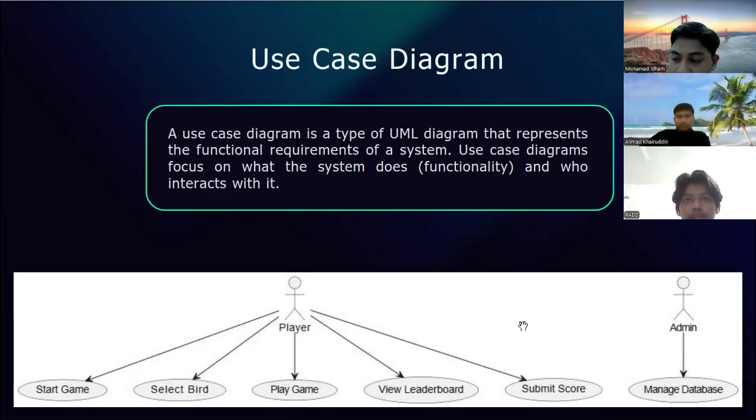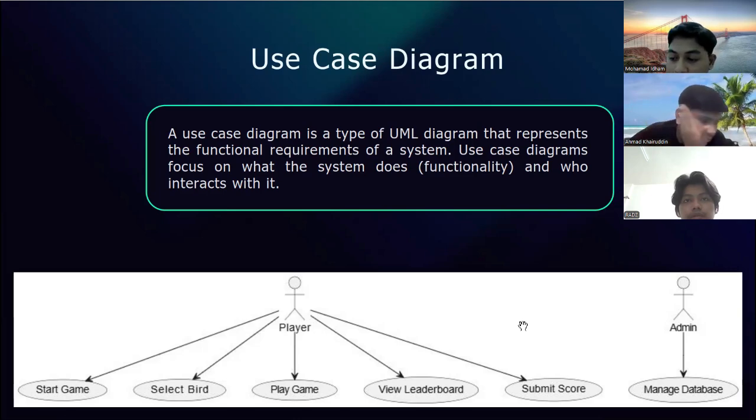So this use case retrieve data from the leaderboard database, which is SQL that we use. And then the last one is submit score. So after the player finish the game, they can submit a score to the leaderboards. So this require interaction with the database to store the score.